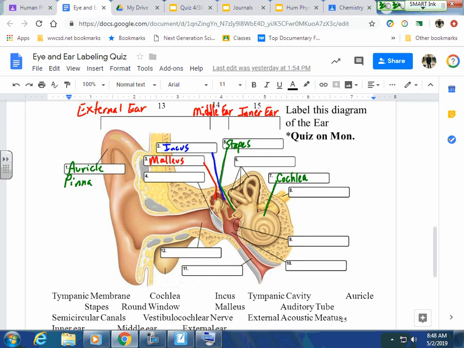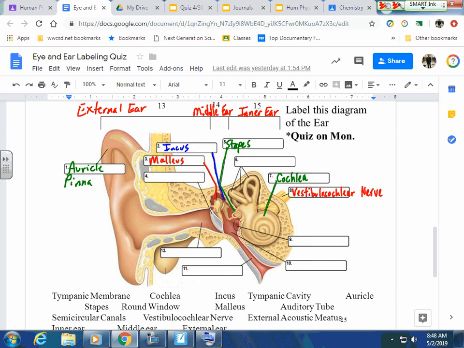Okay. 11 is vestibulocochlear nerve, and that is here. Number 12 is bony labyrinth. 13 is auditory tube.